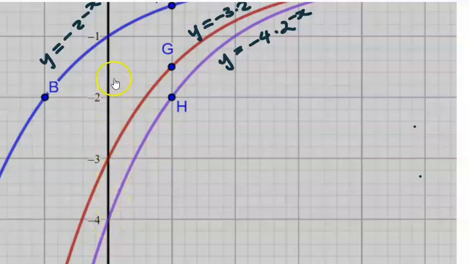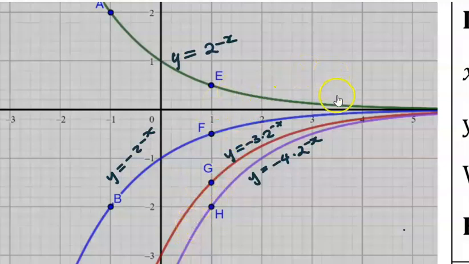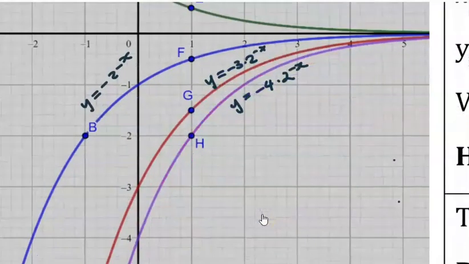So how do we get from the green graph to the red graph? First, we reflect the green graph about the x-axis to get the negative, and then stretch it vertically with a factor of 3. The purple graph is the green graph reflected about the x-axis to get this negative 1, and then stretched vertically with a factor of 4.